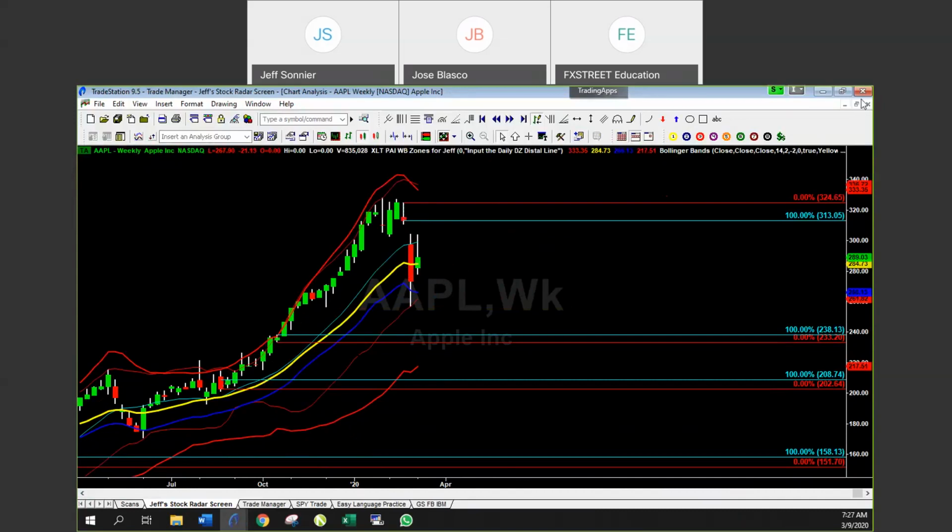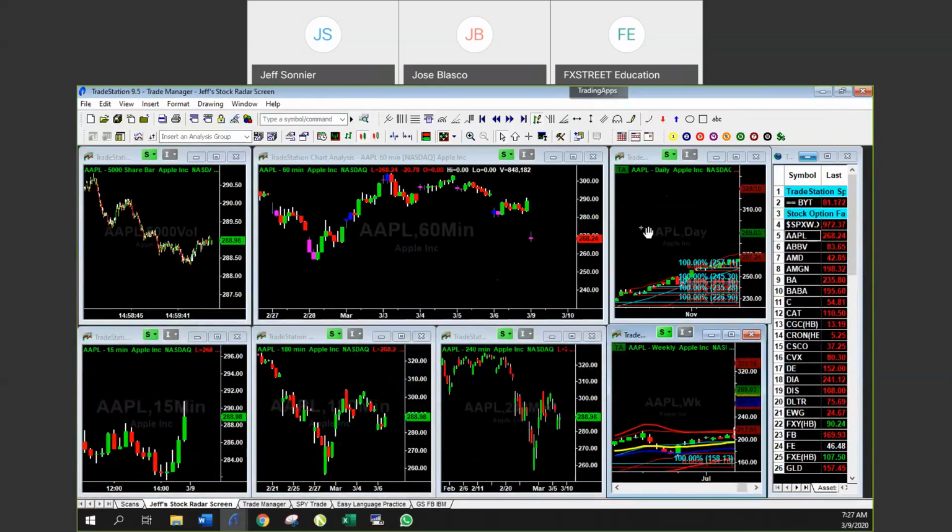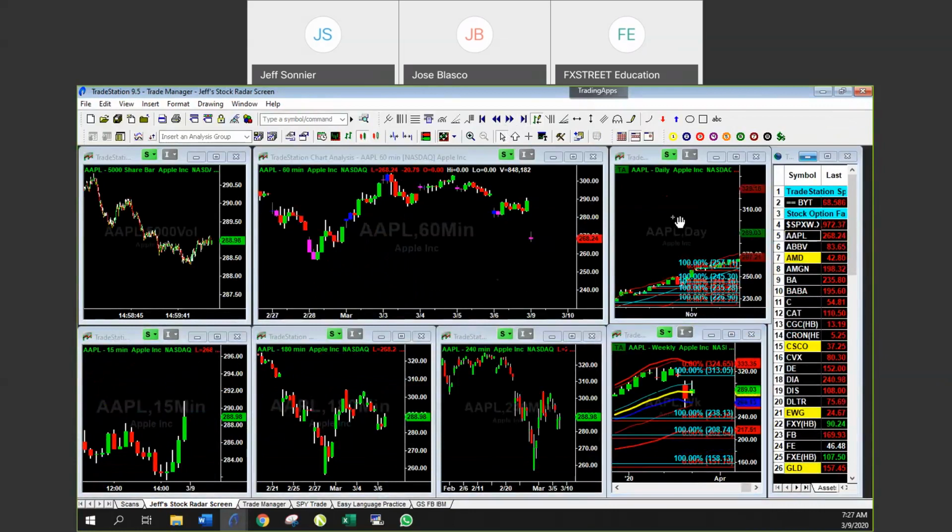Okay, so there's Apple on a weekly. It's probably best that you wait for that particular asset to get down to that before you go ahead and execute a trade. I'm going to assume that most people know how to execute trades in the stock market, and I won't bother going over those.